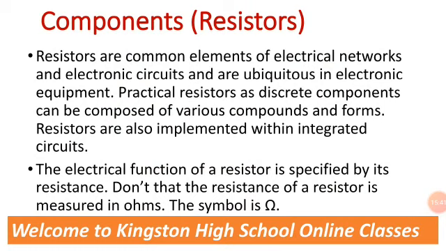The electrical function of a resistor is specified by its resistance, its ability to resist. The electrical function of a resistor is specified by its what? Resistance. The resistance of a resistor is measured in ohms. The resistance of a resistor is measured in what?